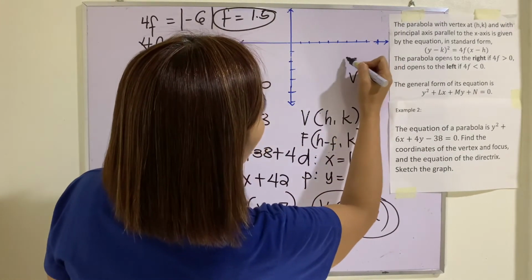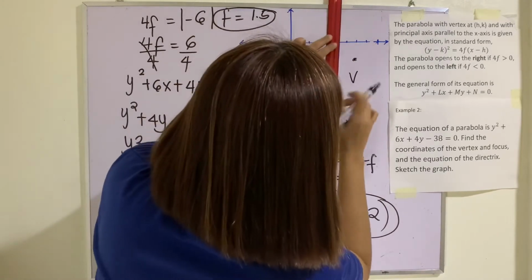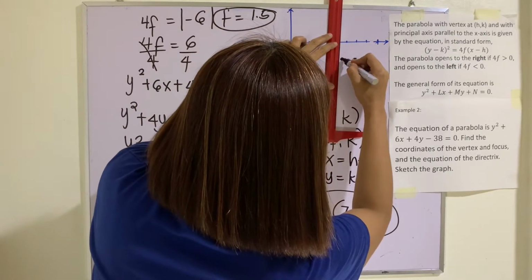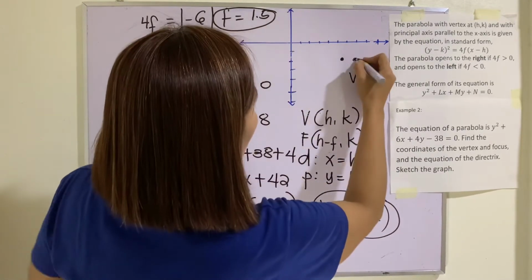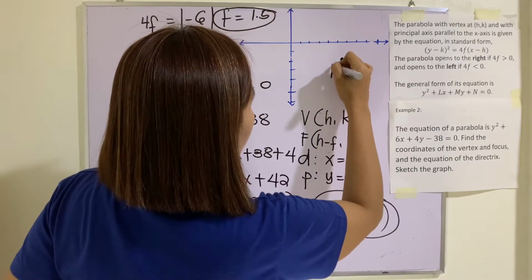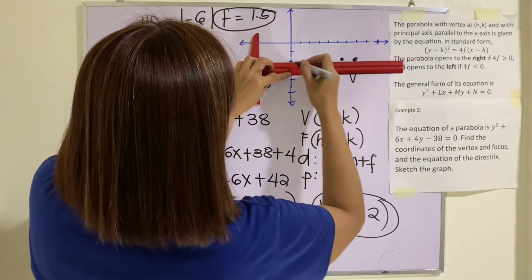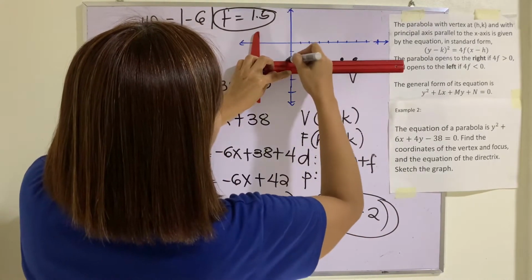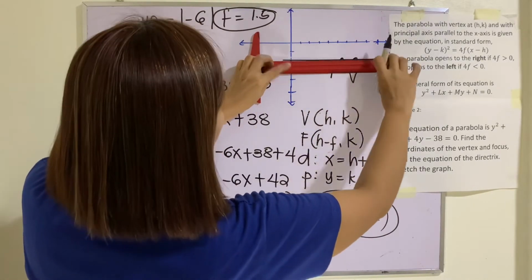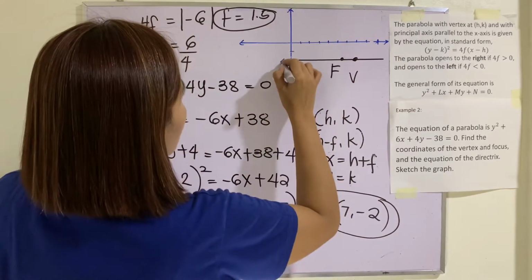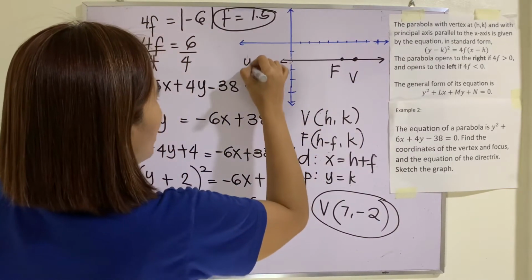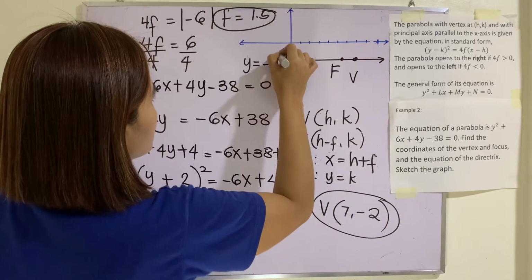That is 1 and then half. So this one is our F, our focus. And this is our principal axis, which is of course y equal to negative 2.